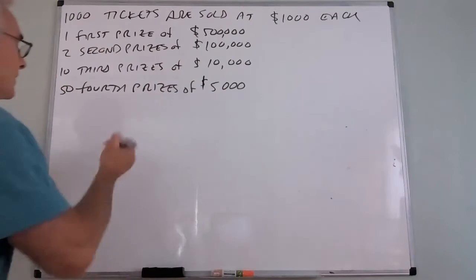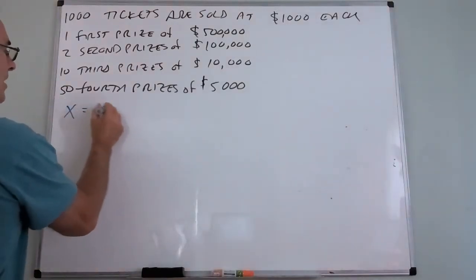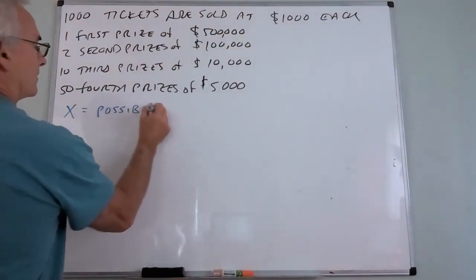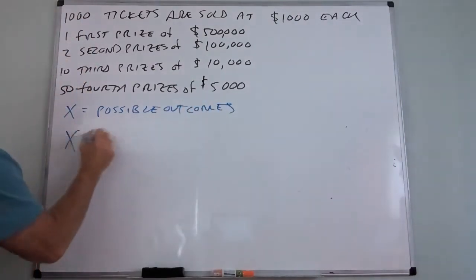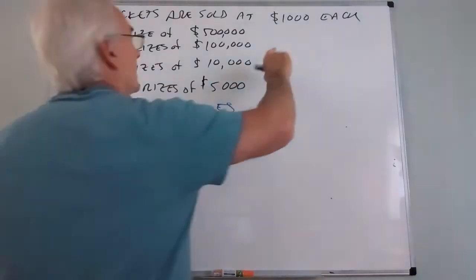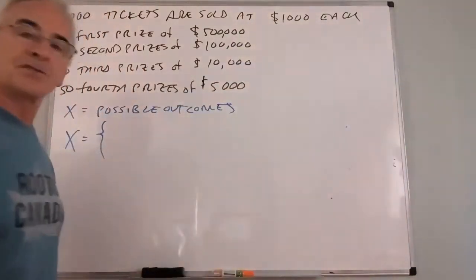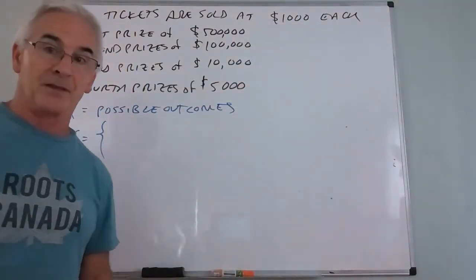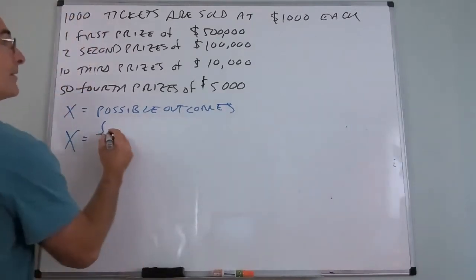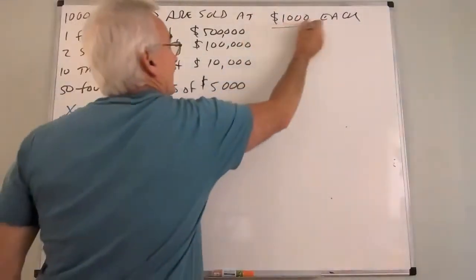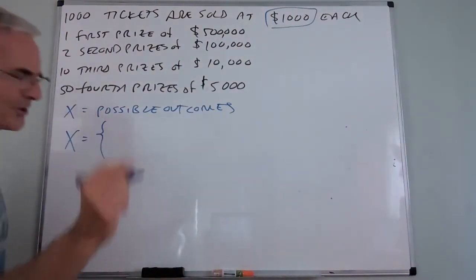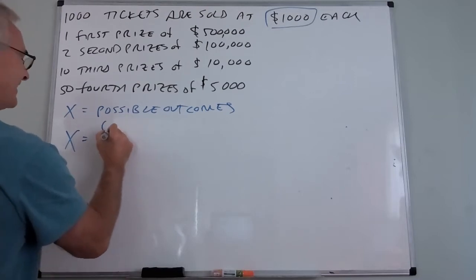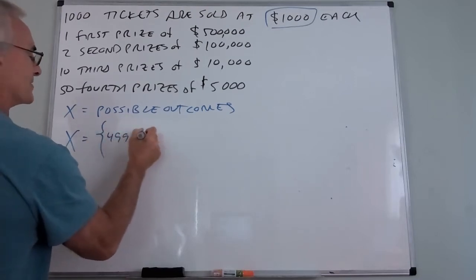So let's let X equal the possible outcomes. If I win $500,000, then what is actually my outcome? It's not $500,000. It's $499,000. It's only $1,000 less.